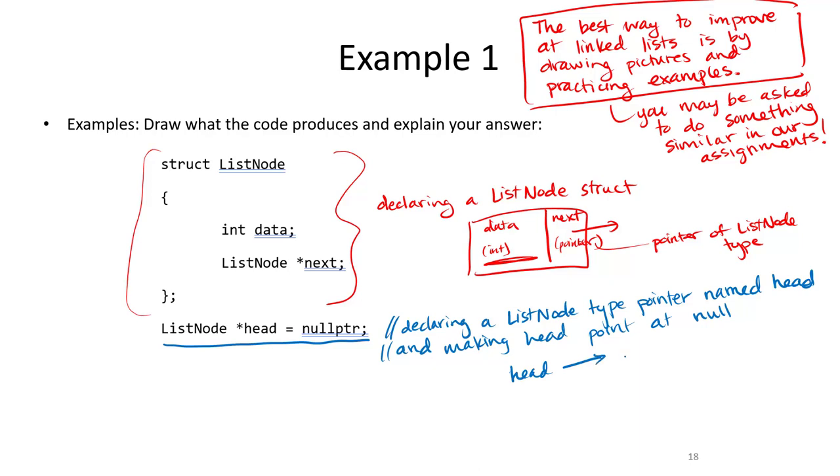So if I were to draw this, we could draw something like this. In this case, this is the very first step of creating a linked list. Remember, we need to declare what the nodes of our linked list look like, and then we need to make a pointer that will point to node type data values in order to connect and create nodes of our linked list.